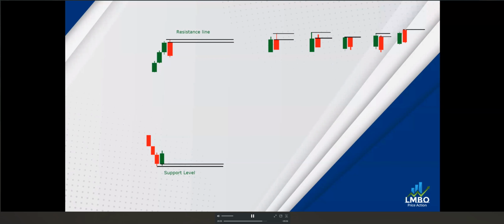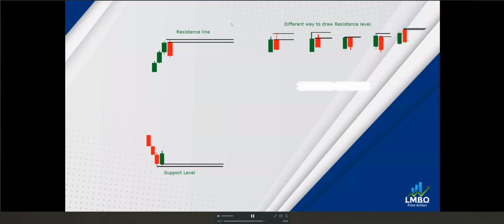If there is a wick, then there will be a level. So these are the different ways to draw the resistance level.